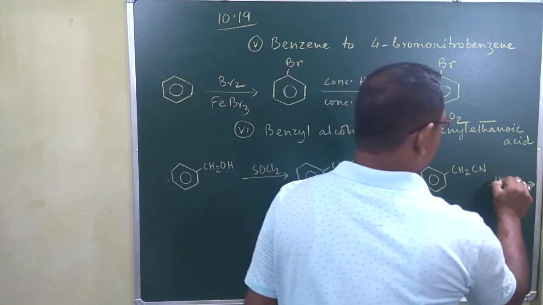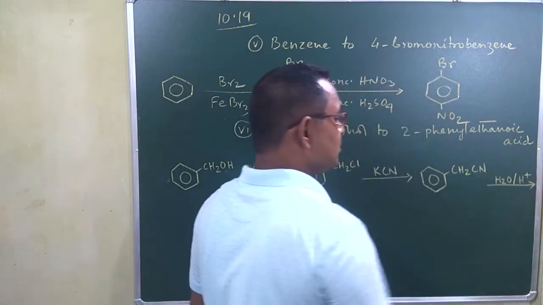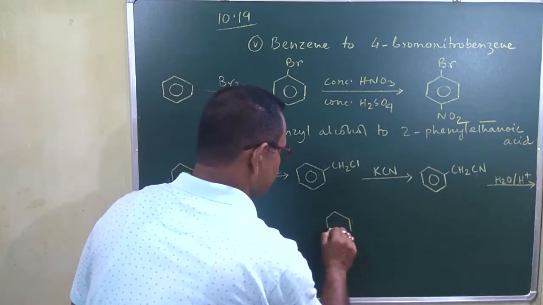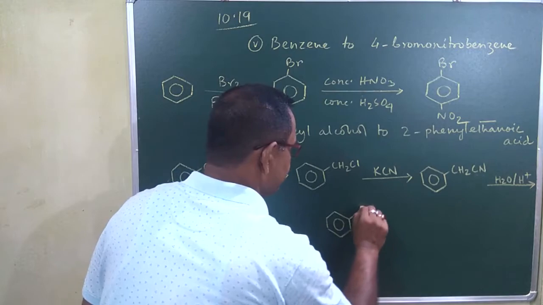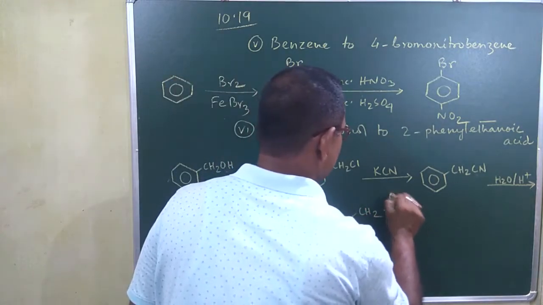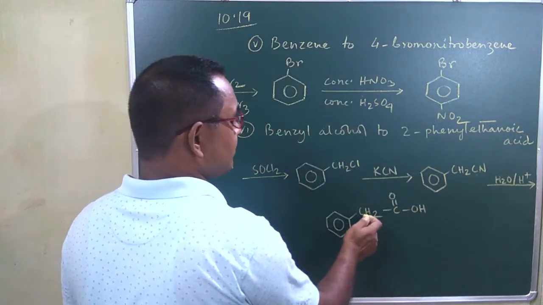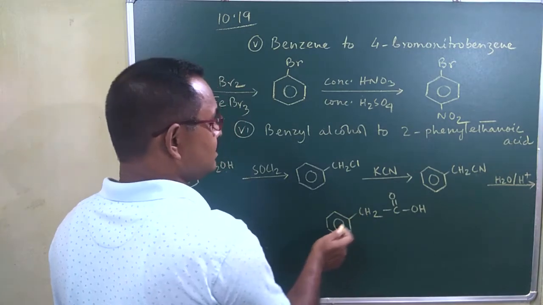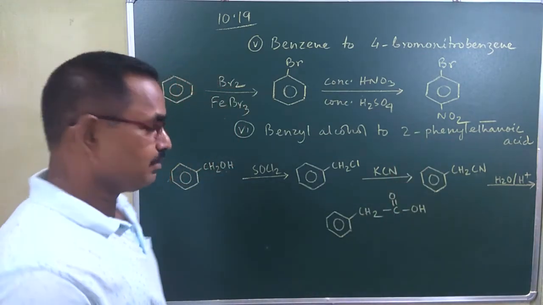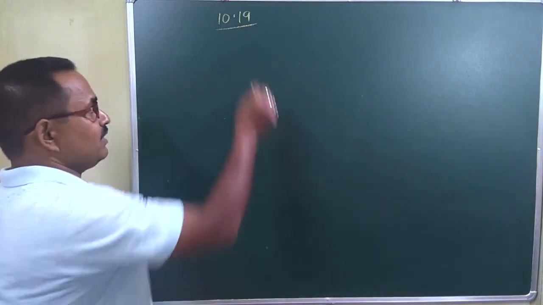So if you hydrolyze this compound, the CN group will be converted to COOH group. See, 1, 2, this is ethanoic acid, but at position 2 there is a phenyl group. So this is 2-phenyl ethanoic acid.